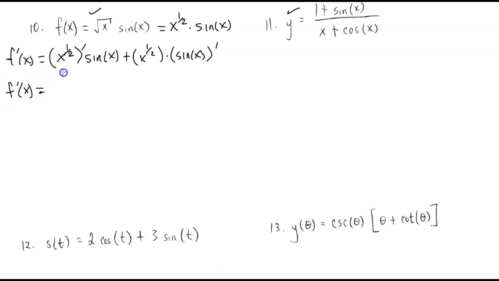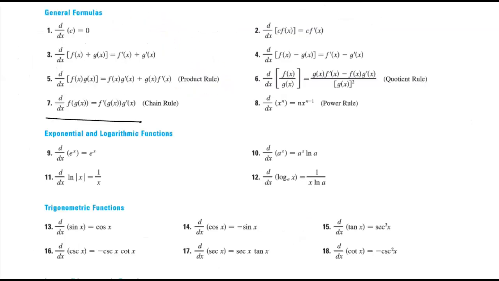And here we know that the derivative of x raised to the 1/2 is just 1/2 x raised to the 1/2 minus 1. All that times sine x plus x raised to the 1/2. And derivative of sine x is cosine x. Okay? And that comes from this particular rule here.